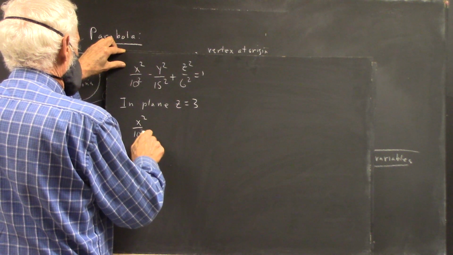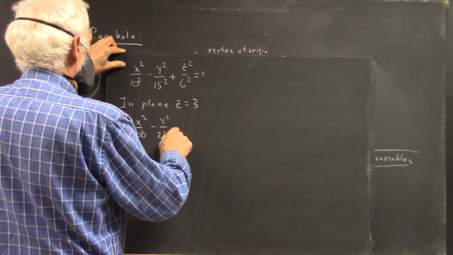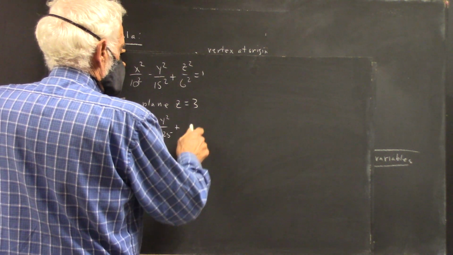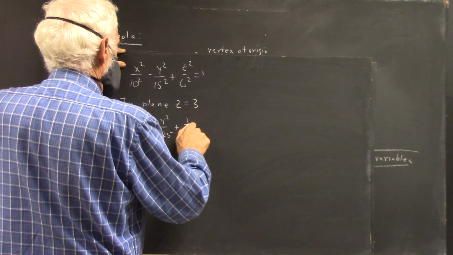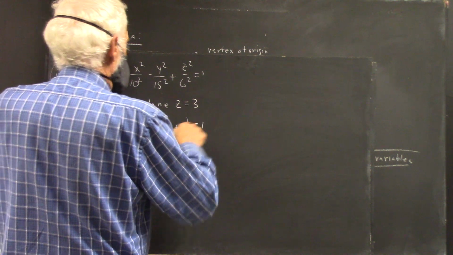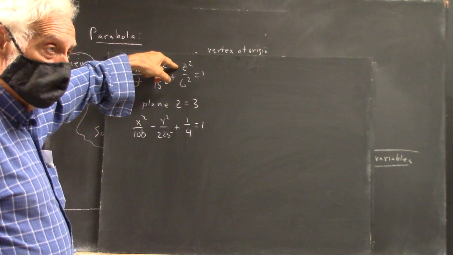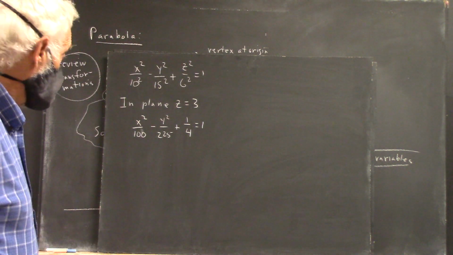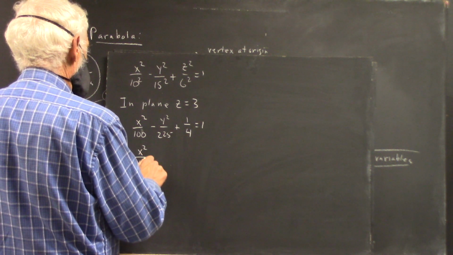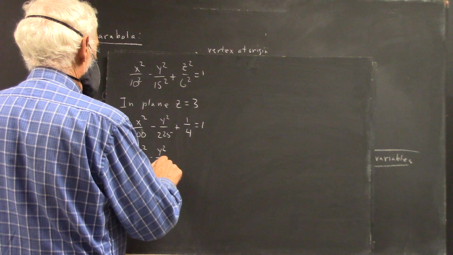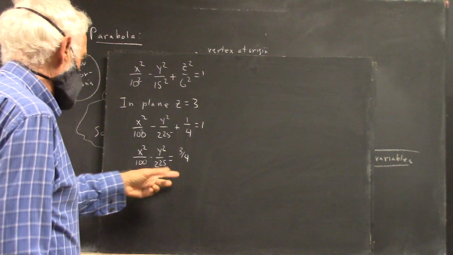I'm going to go ahead and write out these numbers. X squared over 100 minus y squared over 225 plus 1/4 equals 1. Where do I get the 1/4? Well, Z is 3. You got 9 over 36. That's 1/4. So this equals 3/4.